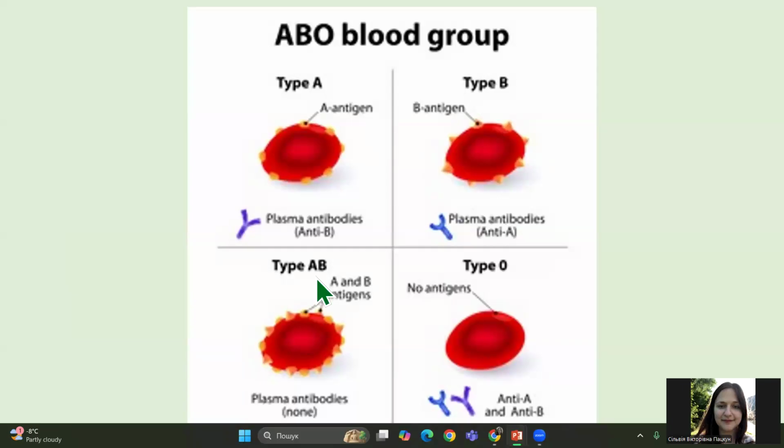It means that in type A there is anti-B antibody, in type B anti-A antibody, in type AB no antibodies, and in type O anti-A and anti-B antibodies. The opposite antibody should be present because in case of meeting of A antigen with anti-A antibody or B antigen with anti-B antibody, there will be a reaction of agglutination, which will lead to hemolysis of erythrocytes.